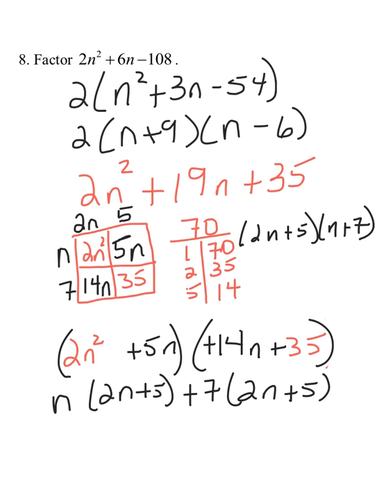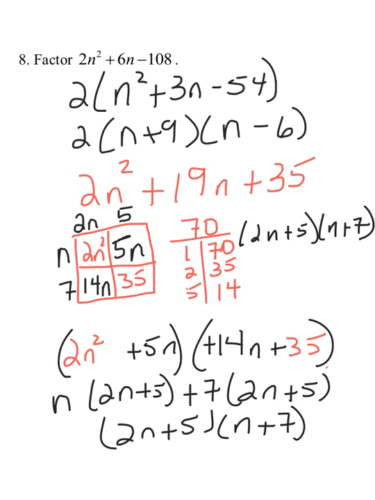Now I factor out my 2n plus 5, and that leaves me with n plus 7. So whether you use the box method or the grouping method, both of those methods work fine. I don't care what method you use, whatever method is easy for you.